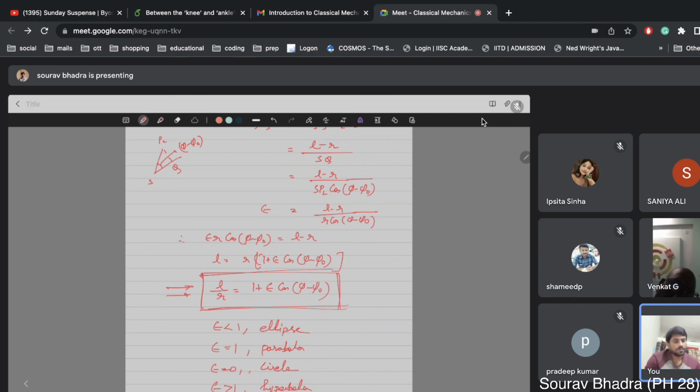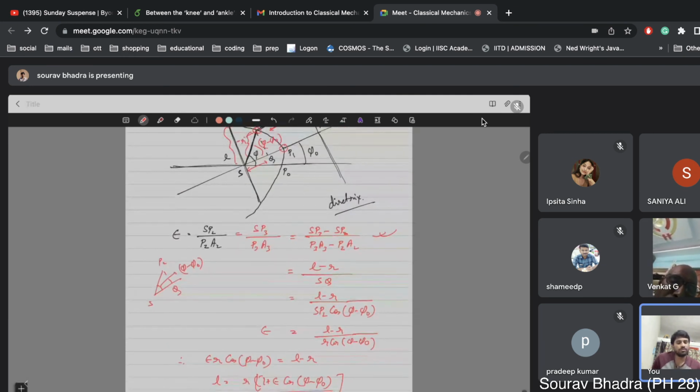Okay, so this is important to remember. Whichever way you derive the equation of a conic, you will deal with epsilon, and these properties of epsilon are important to remember. This is one way to derive the equation very qualitatively, but you can do it in a broader way also.